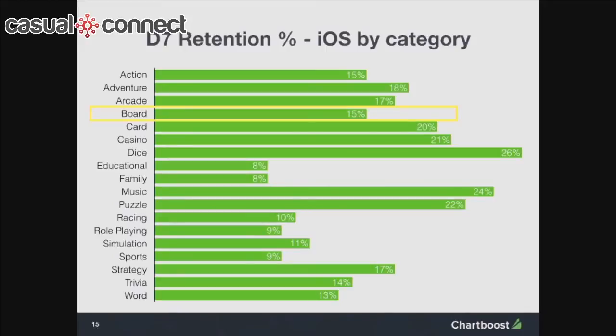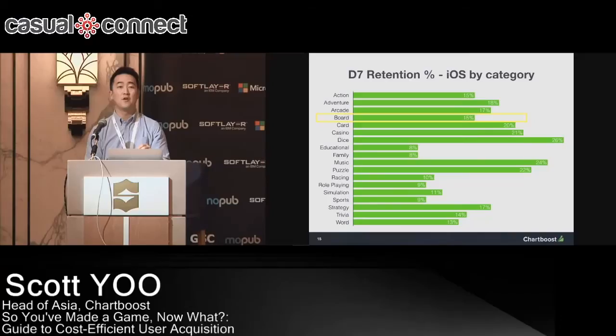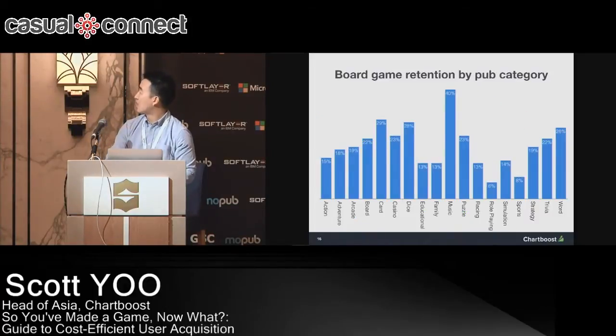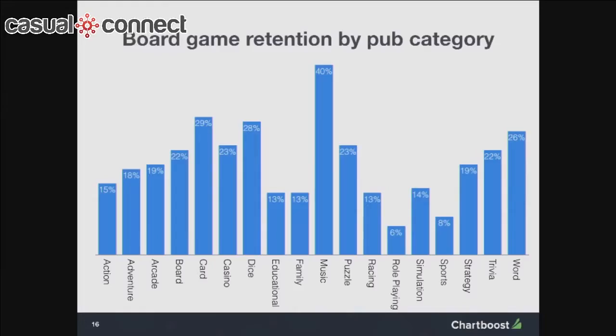But again, let's say you have a board game and you're acquiring users and using 15% as the benchmark. Again, the question you should be asking yourself is, where are those users coming from? This next slide shows you the board game retention by publisher category.